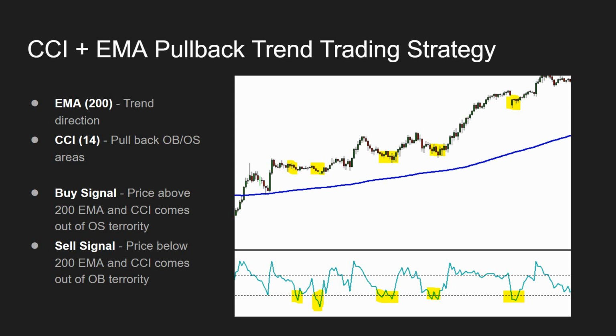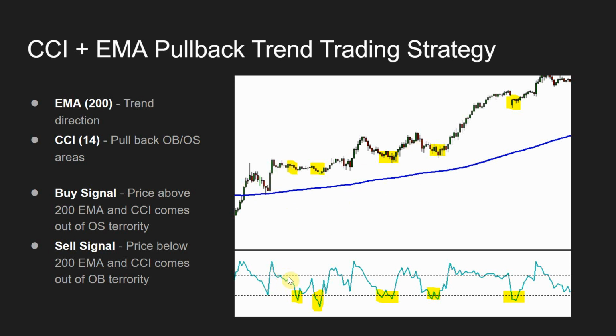to come out of oversold territory. So in this chart example, you can see the overbought and oversold levels highlighted by this black dashed line, and then you've got the Commodity Channel Index in green, just ranging between the two levels. And we can see that price is above this blue line, which is the 200 EMA.